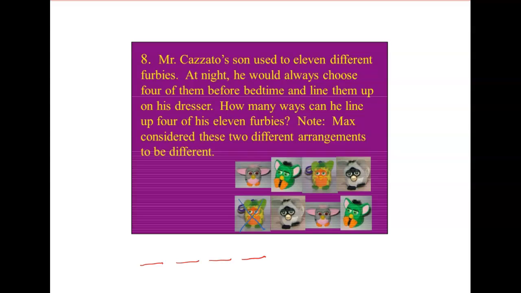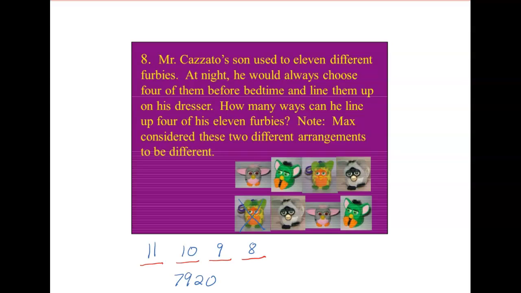For the first Furby, Max had 11 choices. Then he had 10 choices, 9 choices, and 8 choices. Then you could pull out your calculator and multiply those together. When you do that, you get 7,920. So there are 7,920 different ways he could line up the Furbies.